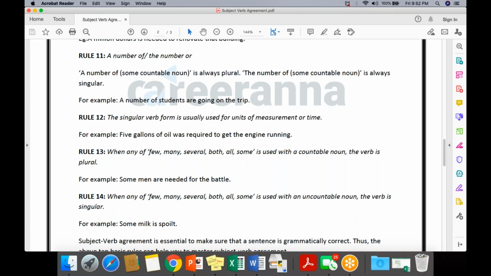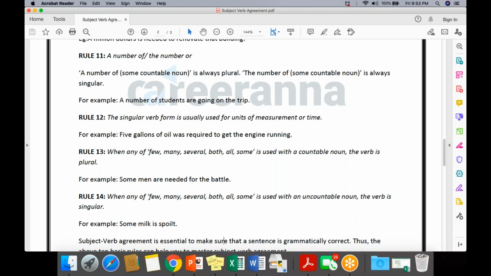Dollars is singular. So whenever I'm using the words a number of, I will use a plural verb. I will not use a singular verb. A number of means I am talking about more than one.